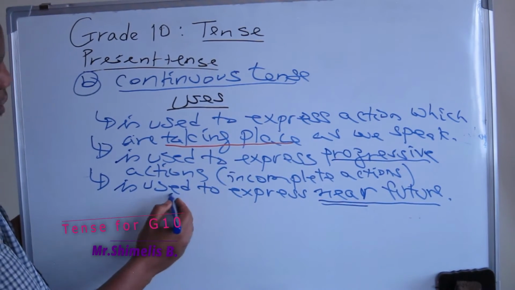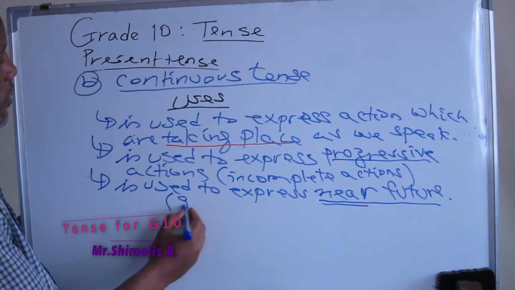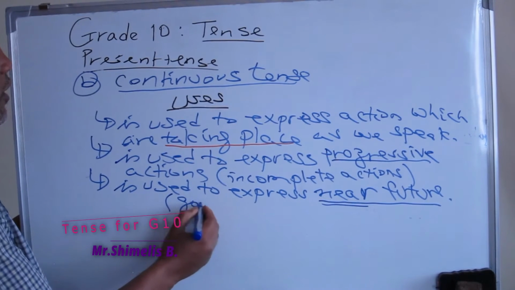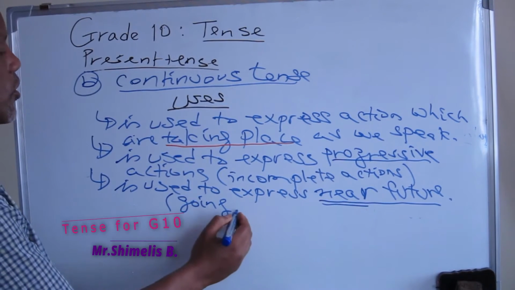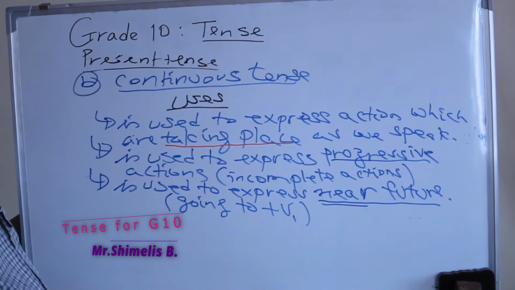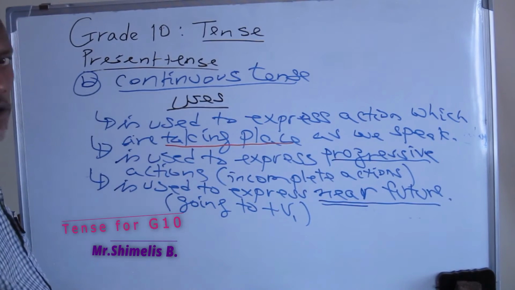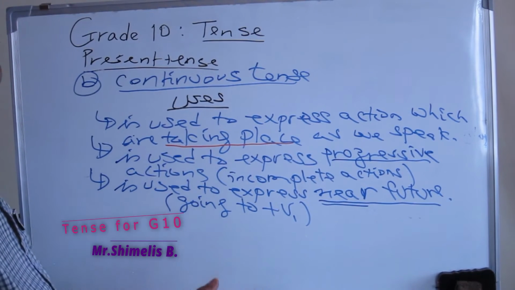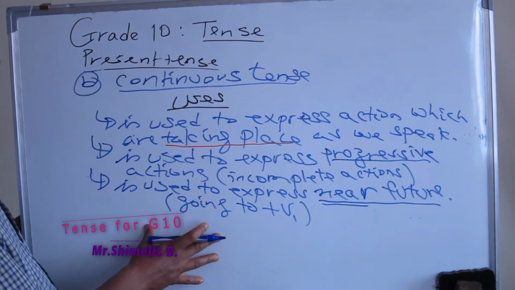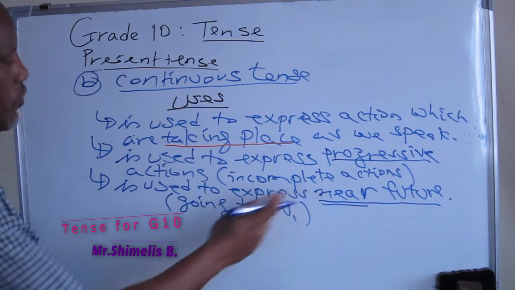In this case, there is a special form that we mostly use, which is going to with the first form of the verb. But it is also possible to use the regular continuous tense structure with some time phrase or time indicators to express a near future action.